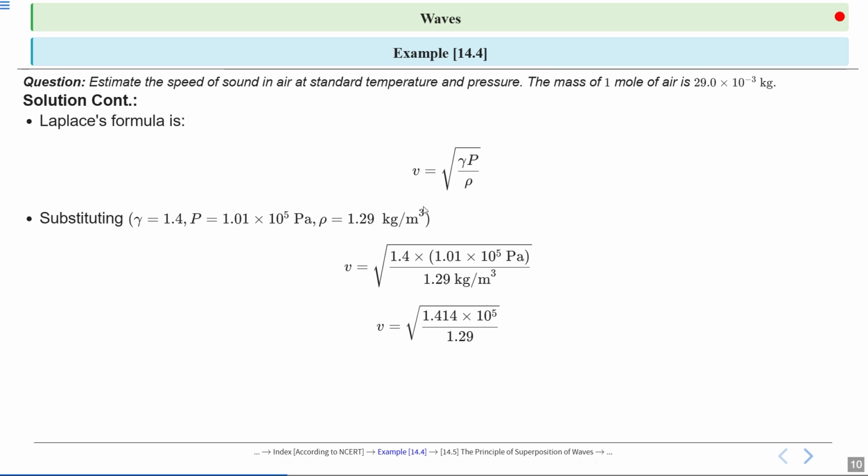So simplifying the numerator, 1.4 times 1.01 gives us about 1.414. So now we have V equal to square root of 1.414 times 10 to the power 5 divided by 1.29. Alright.